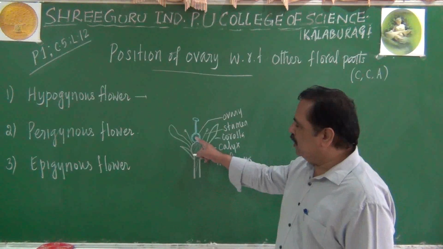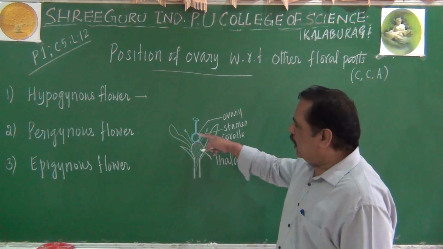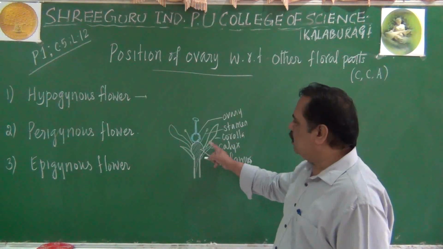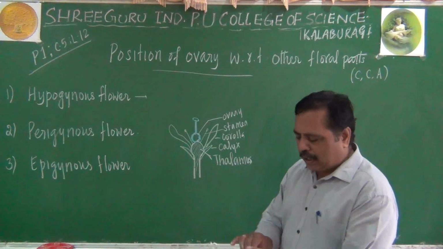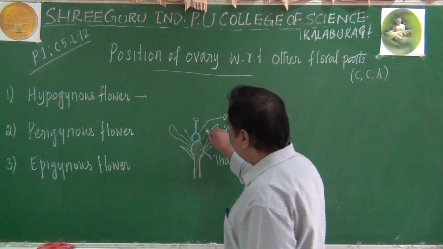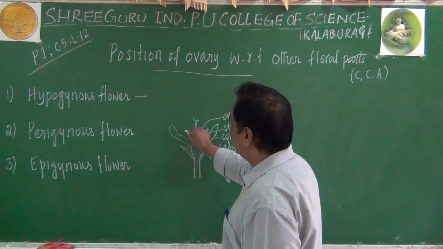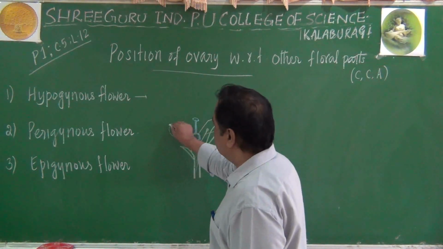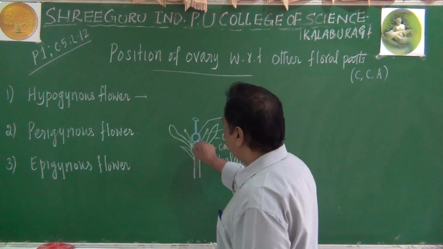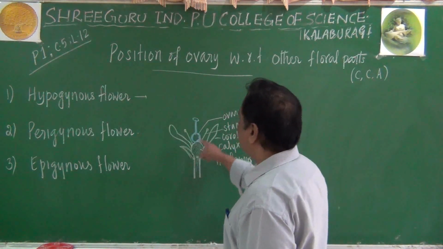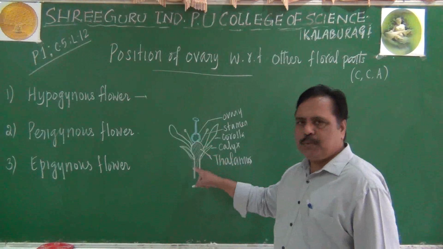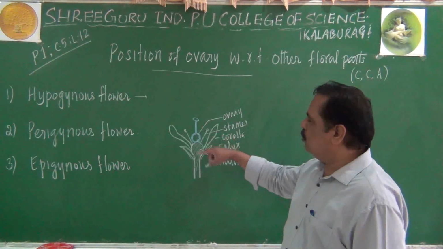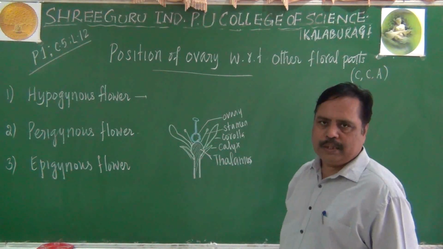So where is ovary located? The ovary is located at the top of other floral whorls. Other floral whorls are below the ovary. Do you get my point? These are other floral whorls which are present below the ovary here. So calyx is below the ovary, corolla below the ovary, androecium below the ovary.